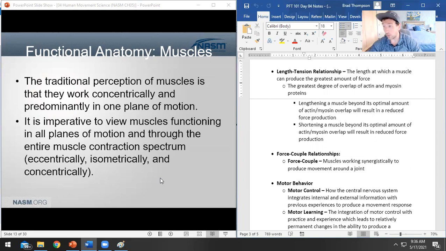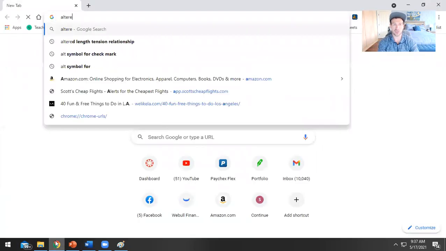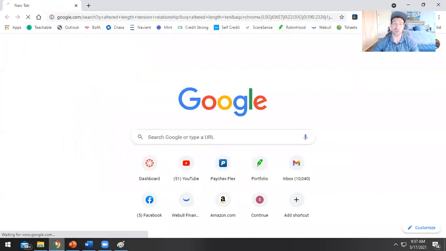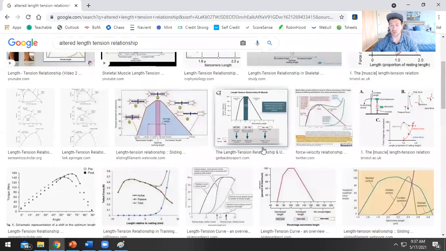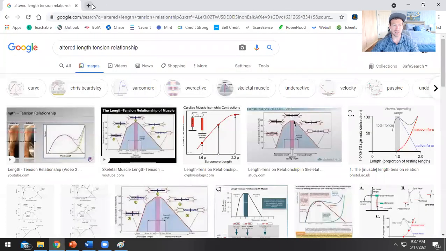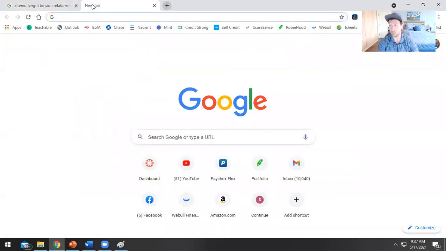It gets stretched out. And so it is doing an eccentric contraction pretty much all day, eccentrically losing length. So what happens there is we see what's called an altered length-tension relationship, where one muscle will be contracting and another muscle will be relaxing when they really should both be in a neutral position.